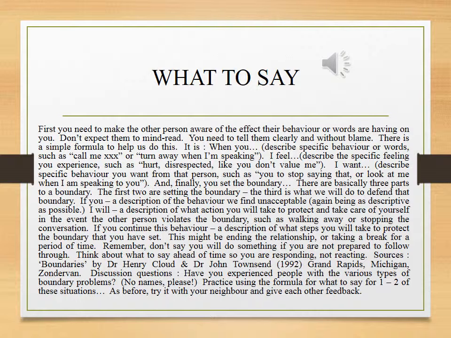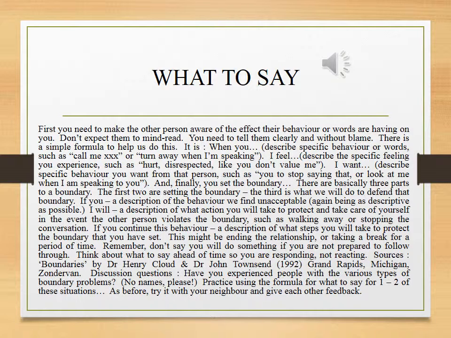I want. Describe specific behavior you want from the person, such as you to stop saying that, or look at me when I'm speaking to you. And finally, you set the boundary.